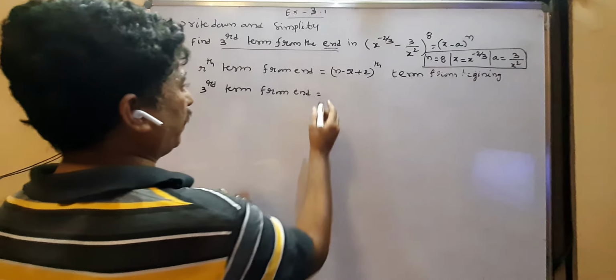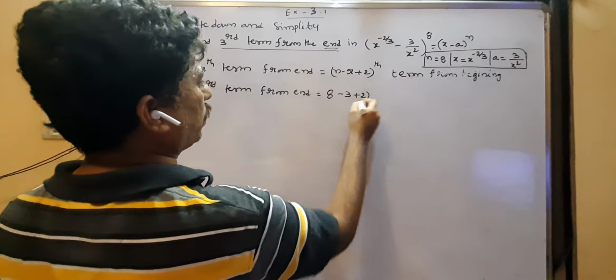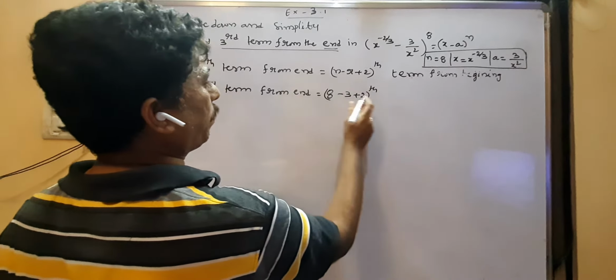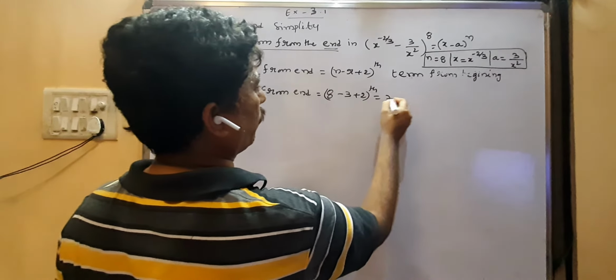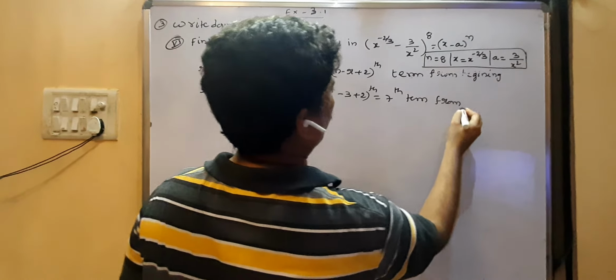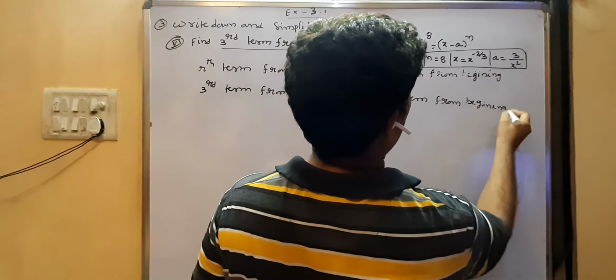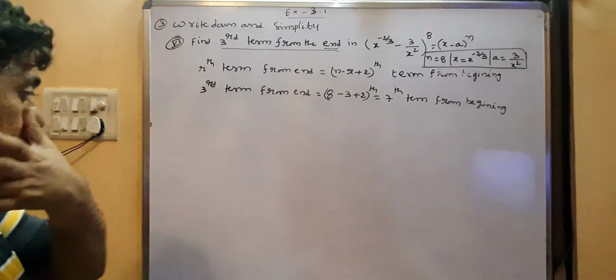N is 8, r is 3, plus 2th term means 8 plus 2 is 10, 10 minus 3 is the 7th term from the beginning. So you have to find the 7th term.